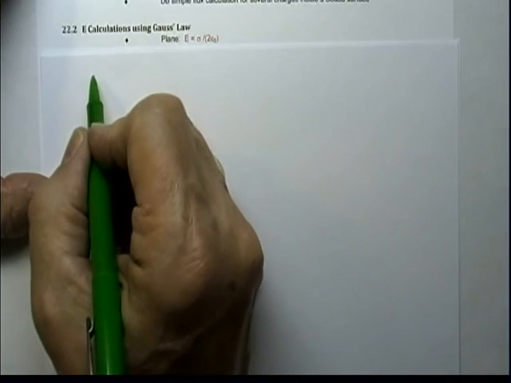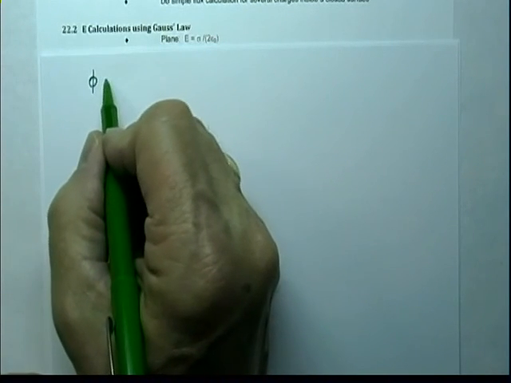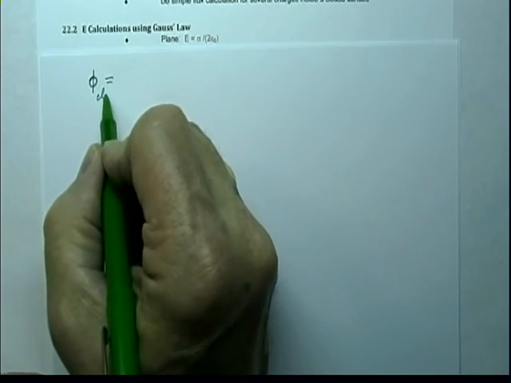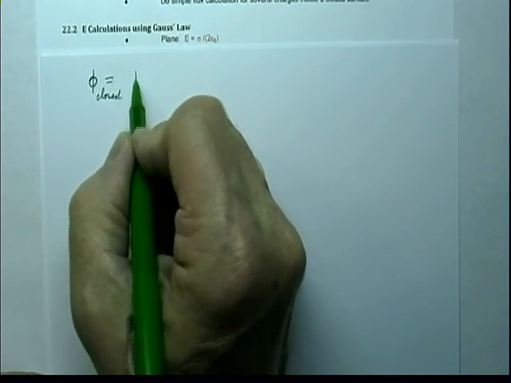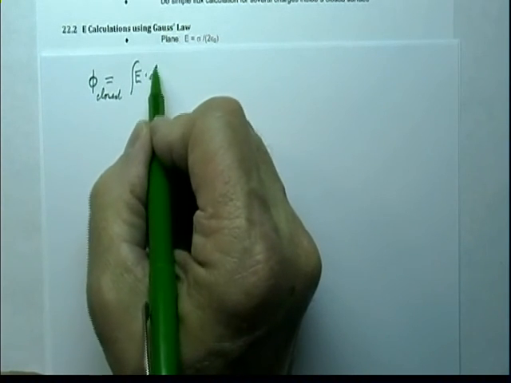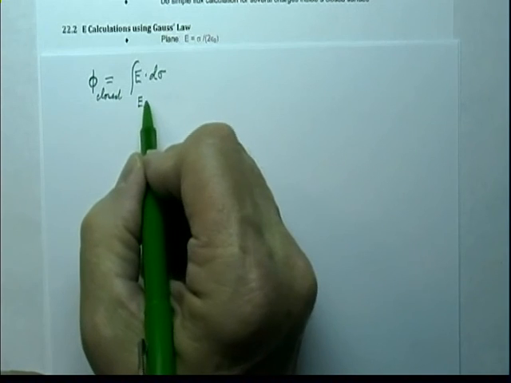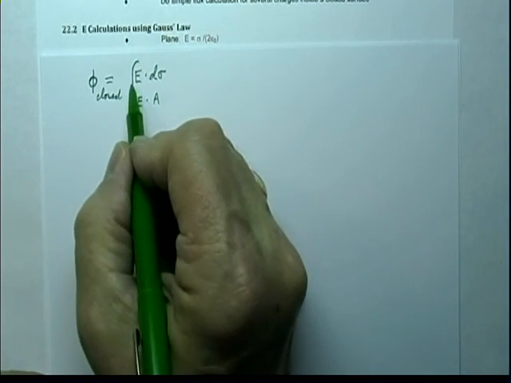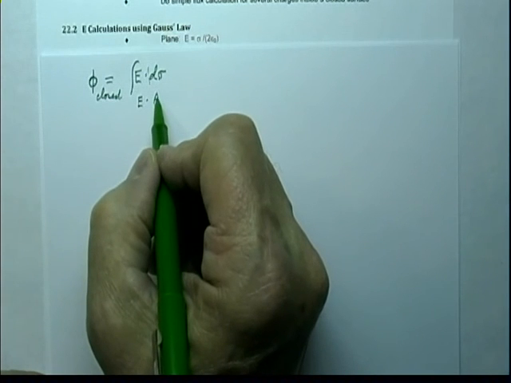Remember from what we previously learned that the flux through any closed surface is, by definition, the integral of E times dA, where this is the area. We could write it as E dot A, the integral of these surface elements over the entire surface.